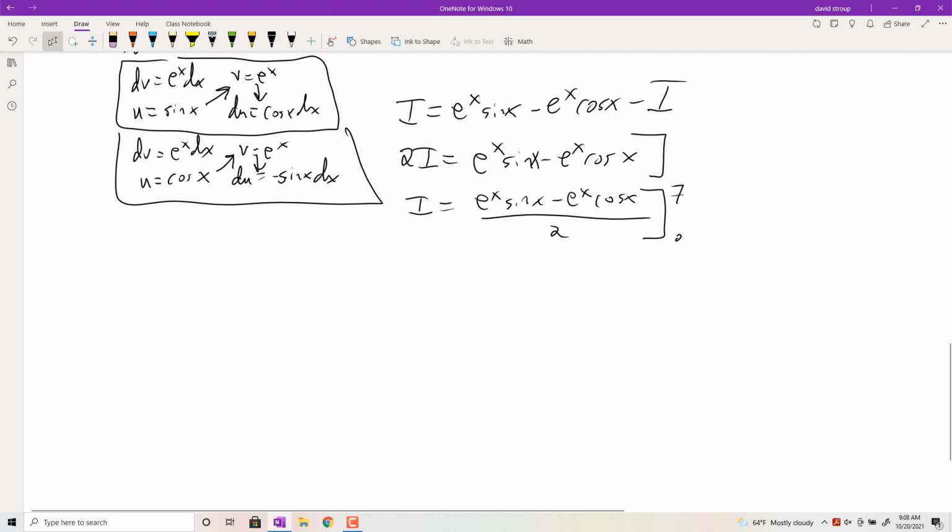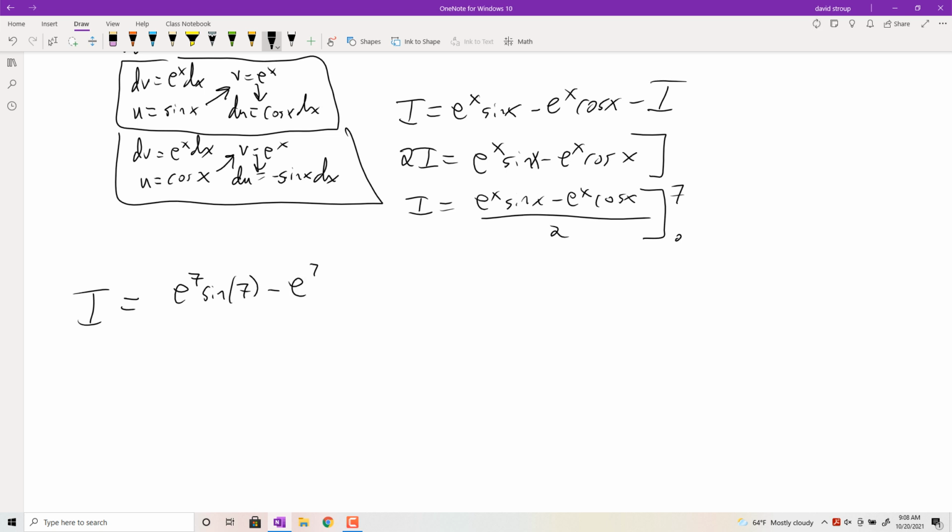Okay, all right, so plugging in 7, I'm not going to get anything pretty, but I have e to the 7 times sine of 7 minus e to the 7 cosine of 7 all over 2. And then minus, if I plug 0 in the sine, that part's going to be 0.